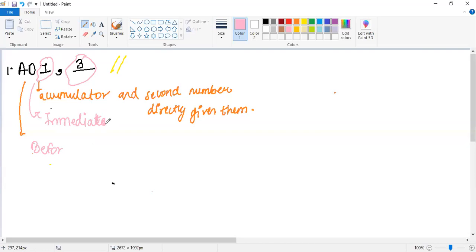So see how you have to write. Before execution, assume in A there is 4, and the data is 3. After execution will be what?